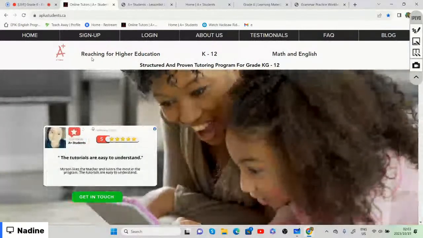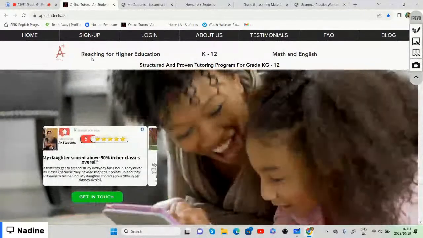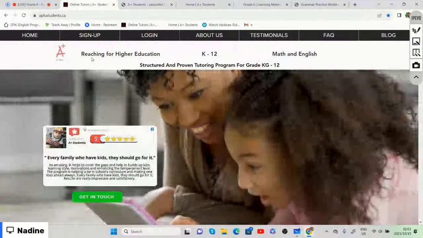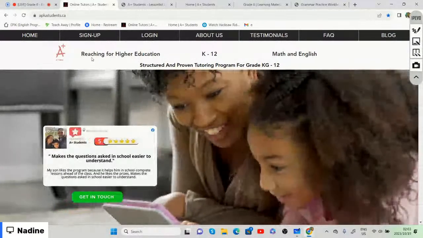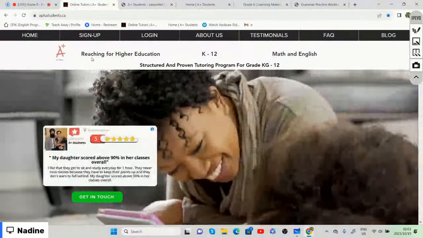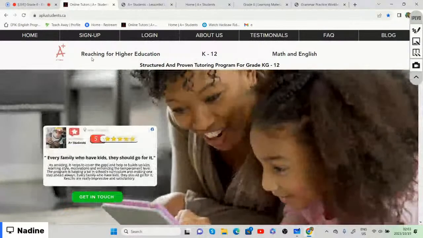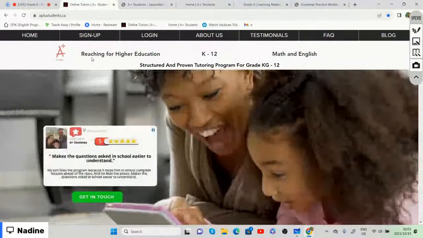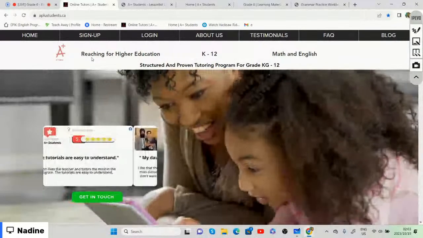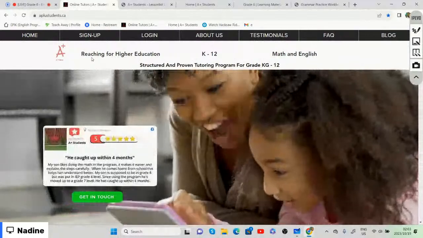our lesson on prepositions, we're going to log on to aplusstudents.ca. Once we've logged on with our username as well as our password, we are then going to select the subject of language arts, which is English, and then select grade 6, because that is the grade that we are focusing on tonight.